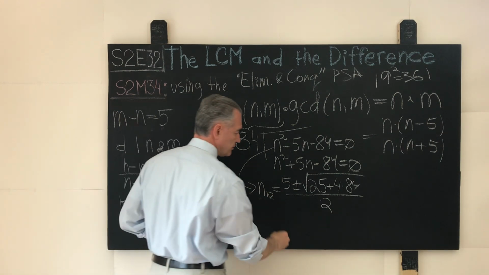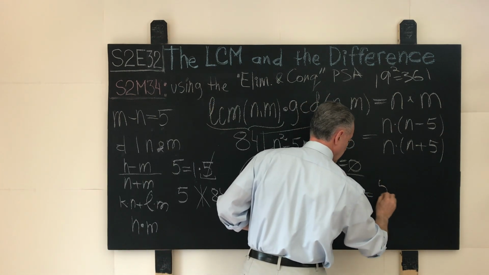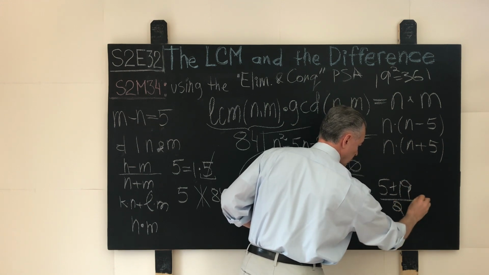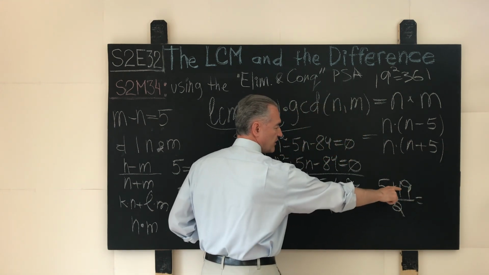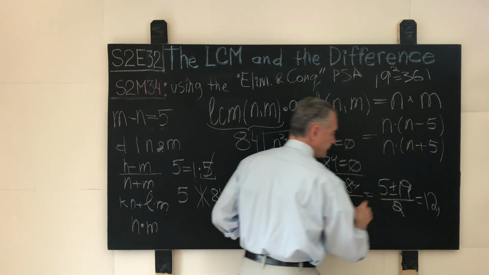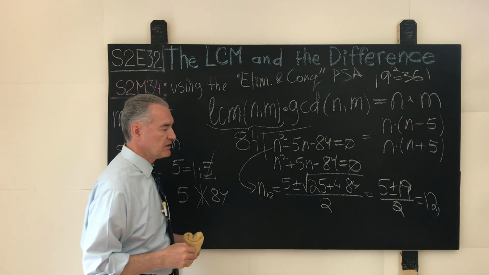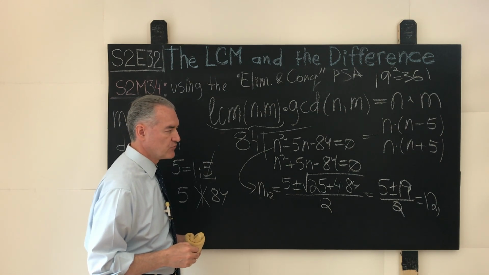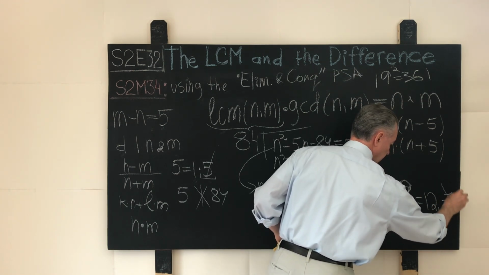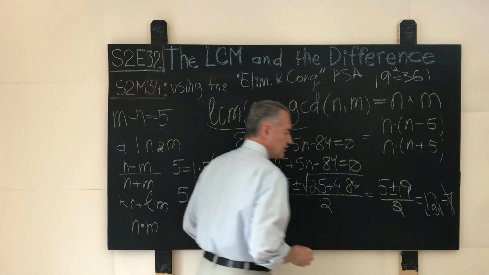But here we'll have what? 5 plus minus 19 over 2. And what are the possibilities? 5 plus 19 is 24 over 2, 12, or 5 minus 19 will be negative 14 over 2, negative 7. Negative 7 is eliminated. So 12 is one suspect.